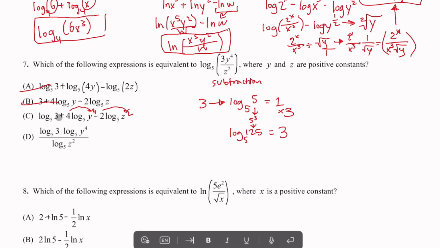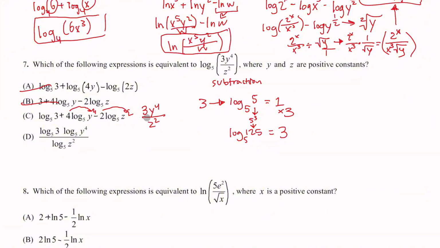So this one looks good. It's 3, and then we multiply by y to the power of 4. Then we divide by z to the power of 2. And this right here matches what's inside right there. So that looks good. We're not going to cross off C.